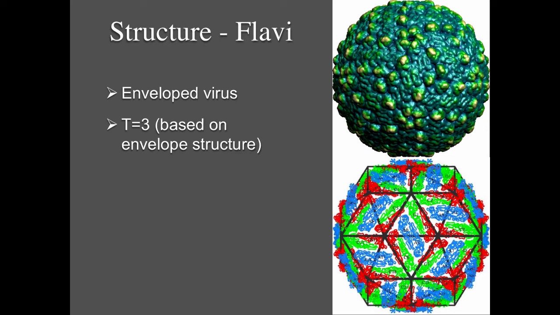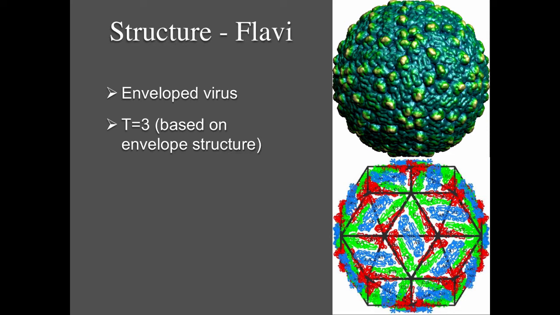Basic structure of the Flaviviruses. So what we're looking at here is actually a depiction of the viral envelope. Although it's an enveloped virus, where you would normally think of the viral membrane as a lipid bilayer studded with multiple proteins, here the lipid is underneath, and the surface is actually coated with a very regular arrangement of individual proteins.